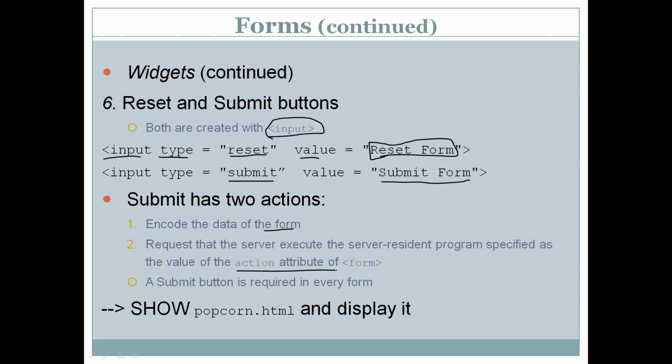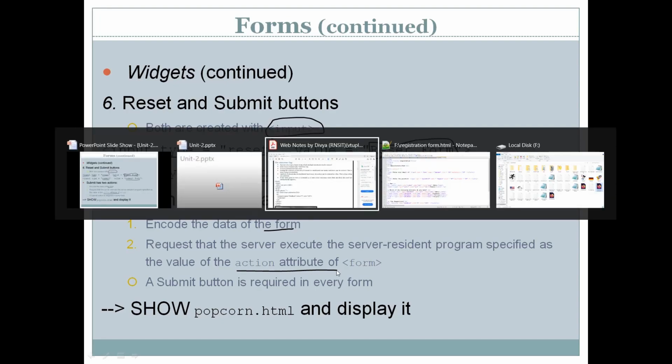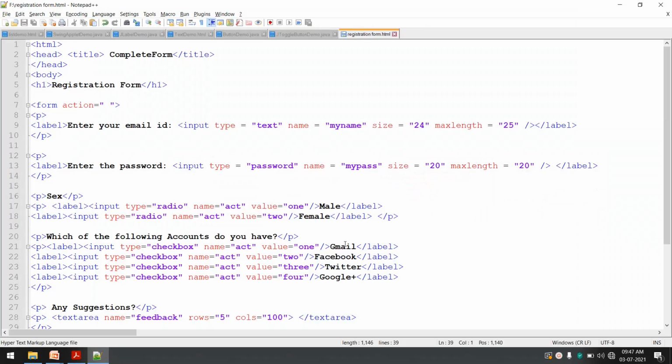So, let us go through a complete example which contains some widgets along with a form. I will just switch to Notepad++. I already have an example here. I have written this example in HTML.